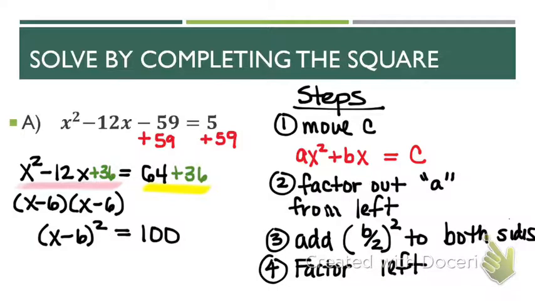But this is different because we're trying to solve it. And in this example, we only have one term on the left and one term on the right. So now we can take the square root, because I'm taking the square root of the left and the square root of one thing. There's only one thing on the right. So we're going to take the square root of both sides. So that's step 5. Step 5 is going to be to take the square root.